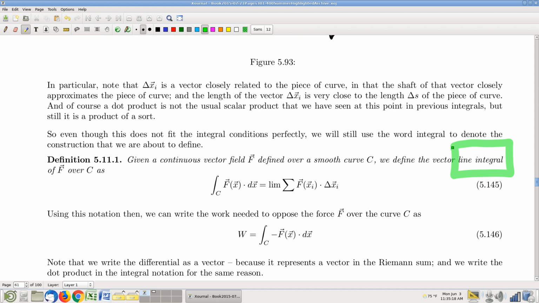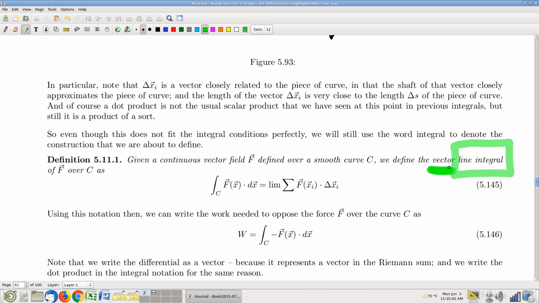You see the dot product right there. This could not possibly be anything other than a vector line integral. So it's not that that's a problem, but it makes me happier to give the distinction to remove the confusion. Certainly as you're first learning the material, I think there's value in emphasizing that this is a different thing.